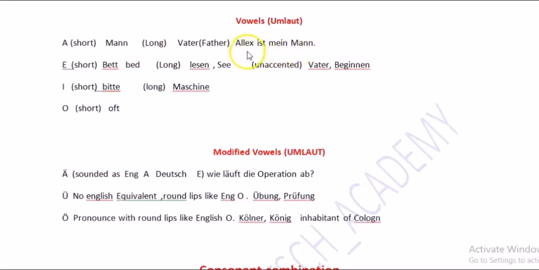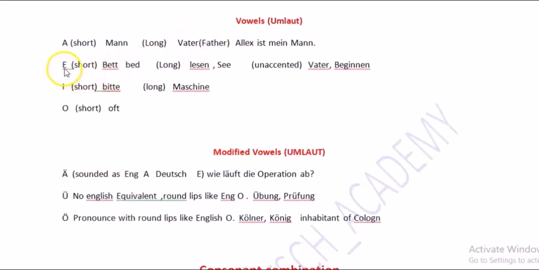Here it is important for us just the short form of A. And the next word is Vater. Vater means father.